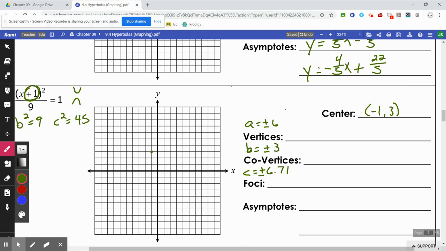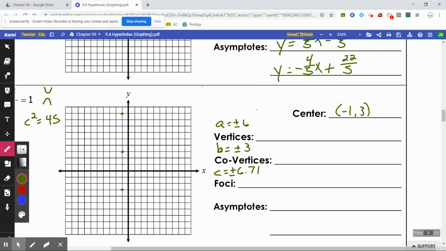Since it is a vertical hyperbola, from there we're going to go up 1, 2, 3, 4, 5, 6, and we're going to go down 1, 2, 3, 4, 5, 6, and that will carry us to the vertices, which are now going to be at negative 1, 9, and negative 1, negative 3. There's your two vertices. Your co-vertices are going to be found by going right and left 3 from your center.